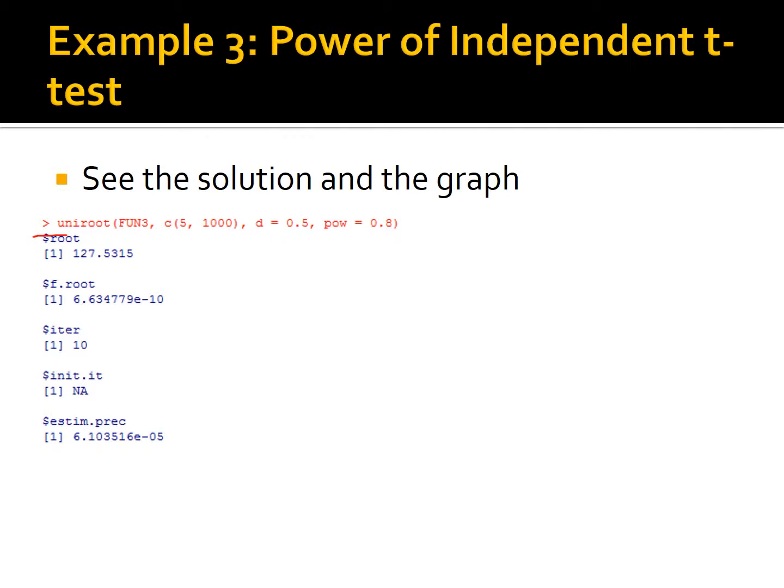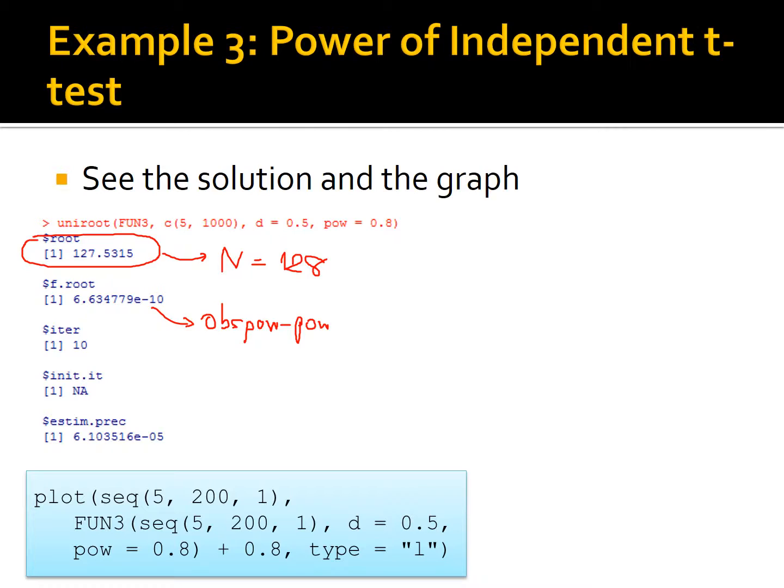You see that the root is 127.53. So we would like to have the sample size of 128 so that we make sure that the power is just above 0.8. And you see the observed power minus the desired power is 6 times 10 to the power of negative 10, which is very close to 0.